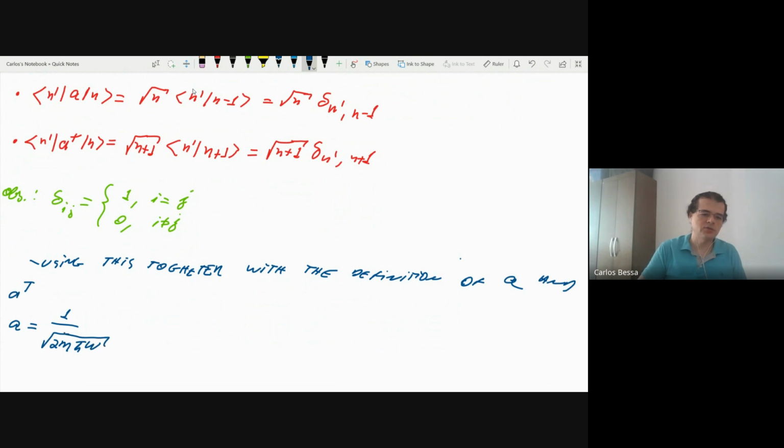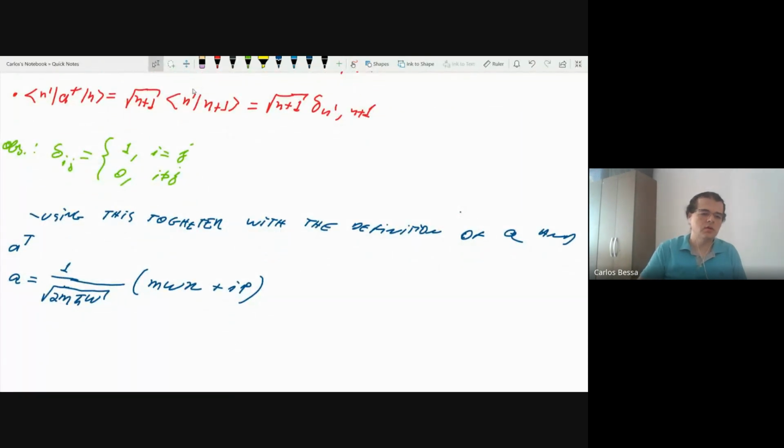A was defined in this way: 1 over square root of 2 m h bar omega, times m omega x plus i p, and a dagger is m omega x minus i p.